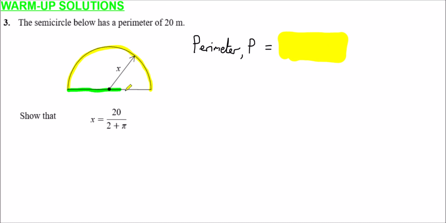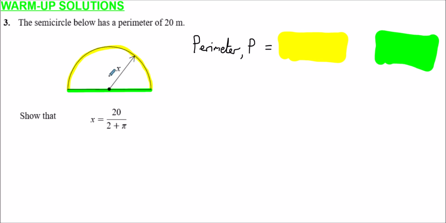So you can just think about this piece by piece. So you can have 2 different bits. So the yellow bit I've just coloured in is going to be half of the circumference. So if the radius here is x, then the circumference would be 2 pi times the radius. Normally we say it's 2 pi r.